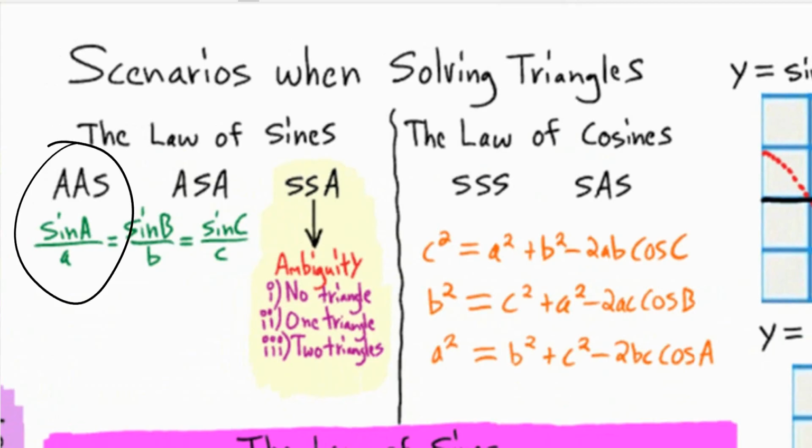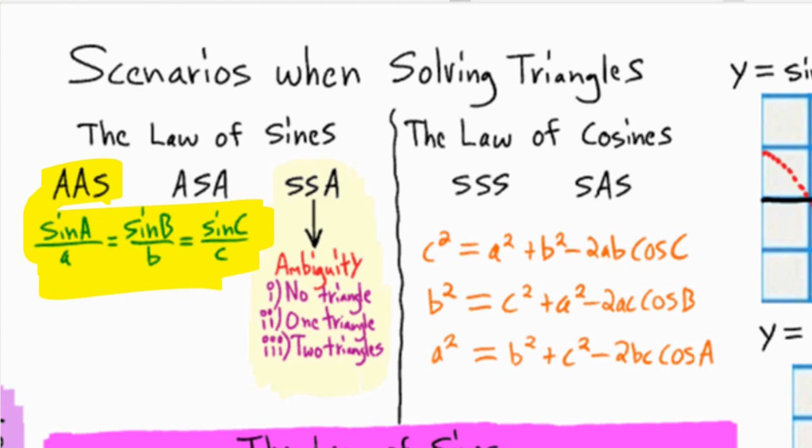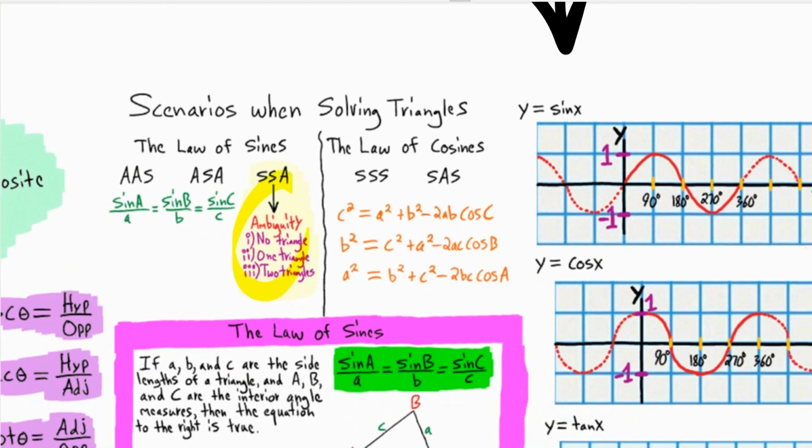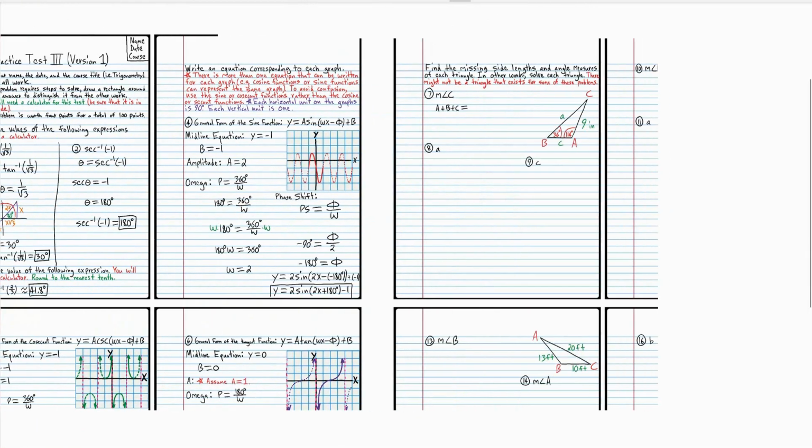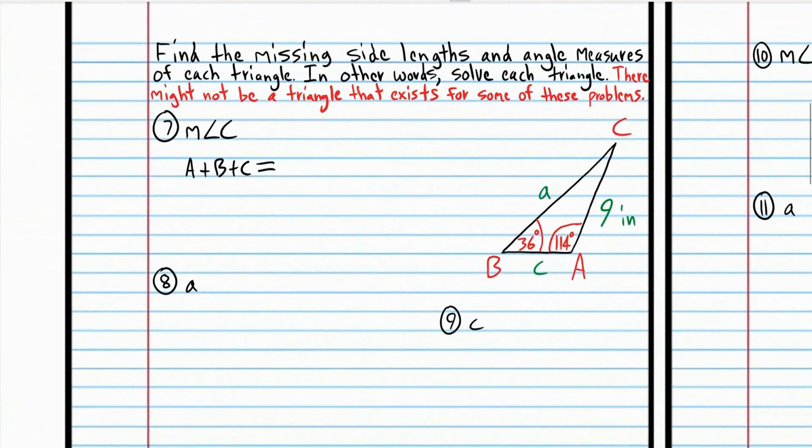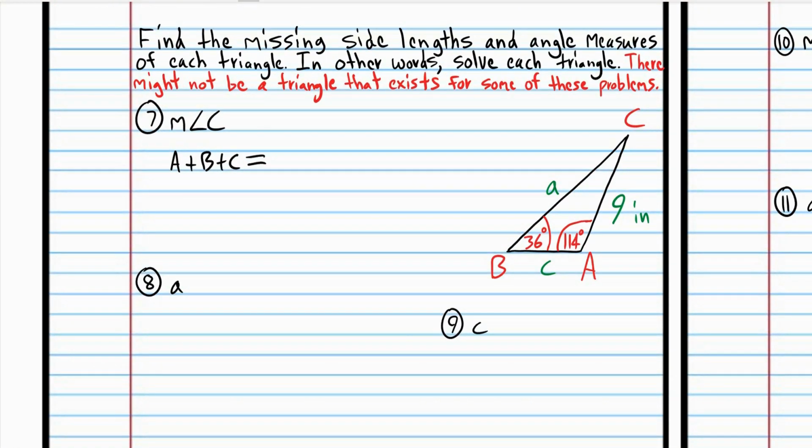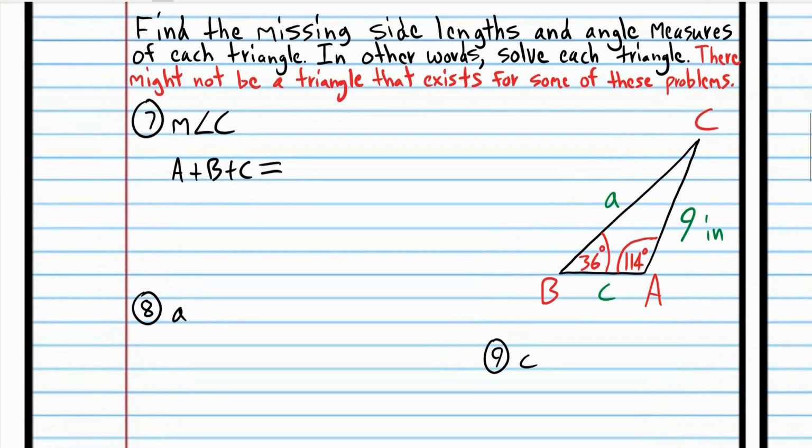We have an AAS scenario. That's this scenario here, and that means we're going to use the law of sines. We don't have to worry about ambiguity because we're not looking for an angle using the law of sines. Whenever you're looking for an angle using the law of sines, you always have to worry that your calculator may give you the wrong number.